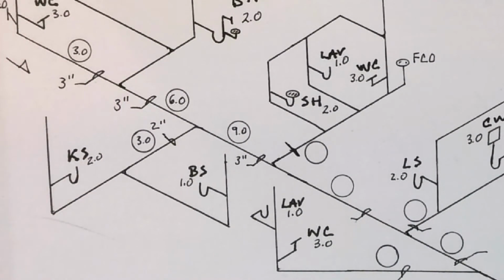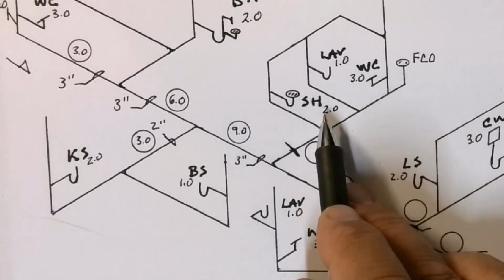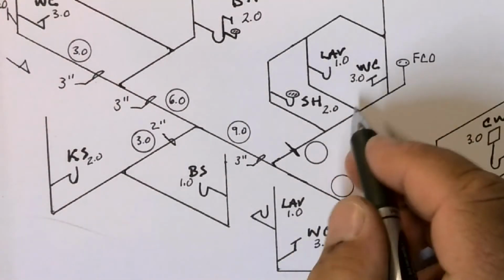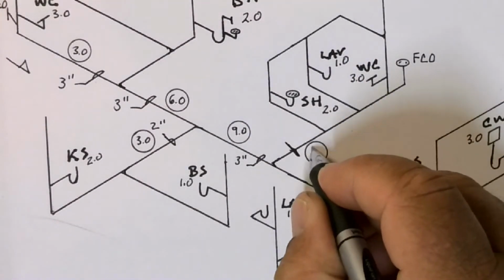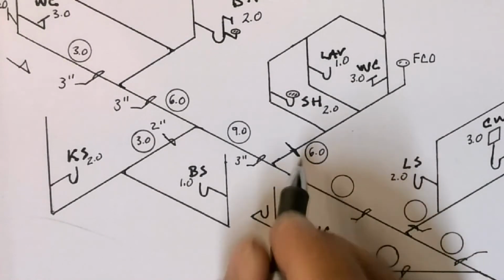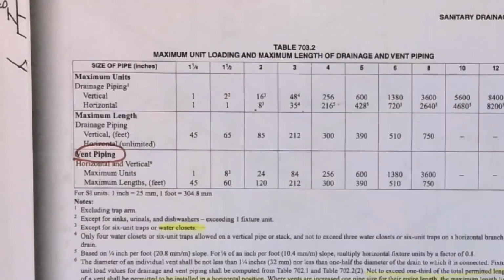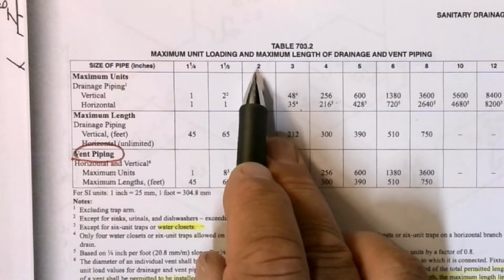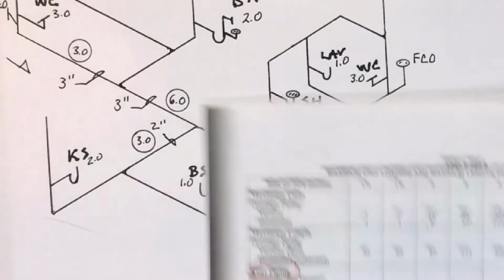Over here, I have a water closet, lab, and shower. So that's 3, 4, 5, 6. We're still sitting at 6. What's that?